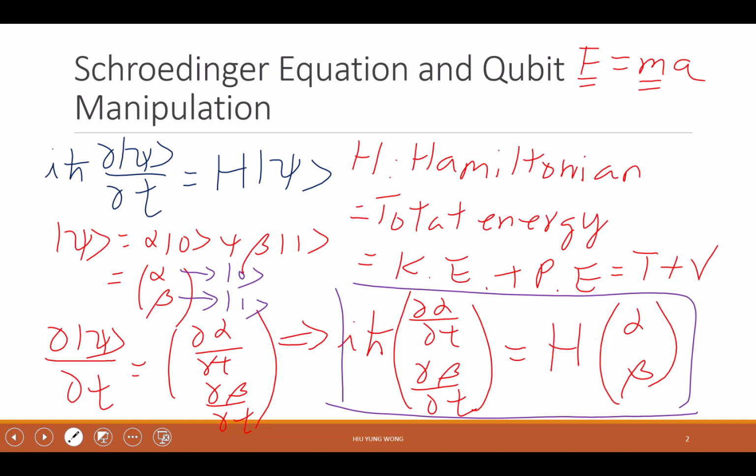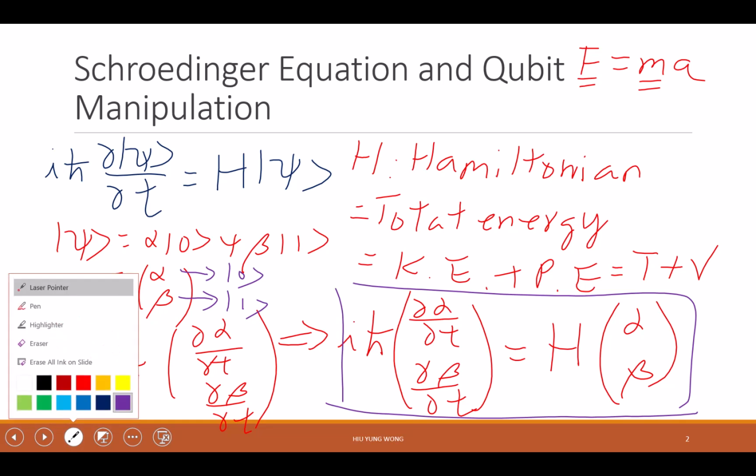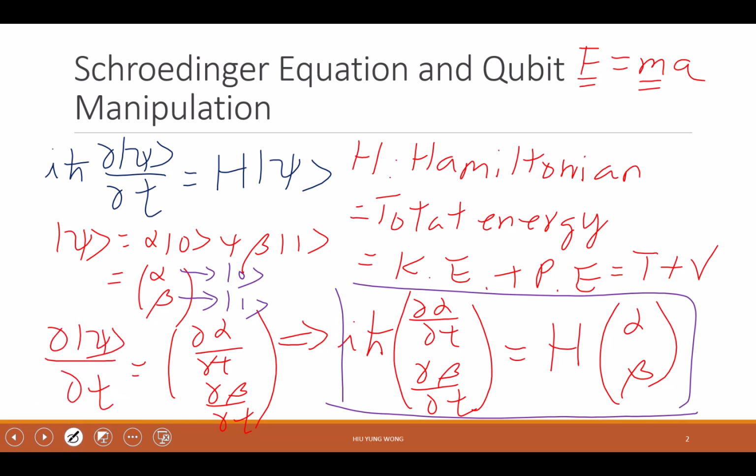If you use wave mechanics, then it will be some differential operator. For example, momentum. You don't need to learn this, but let me try to talk about it a little bit more. The total energy may be p squared divided by 2m, which is the kinetic energy, right?